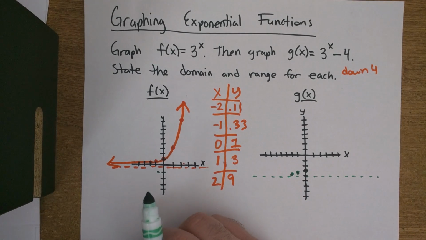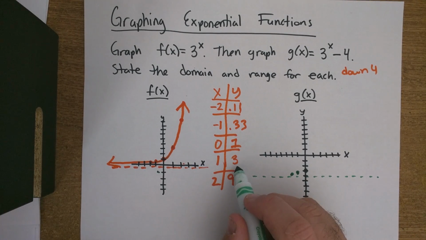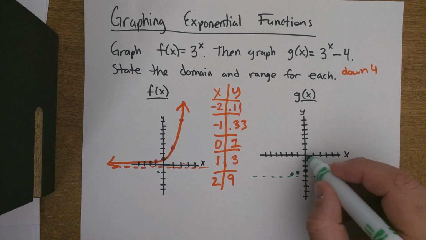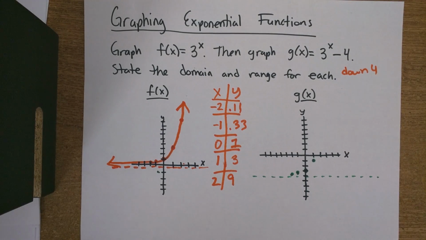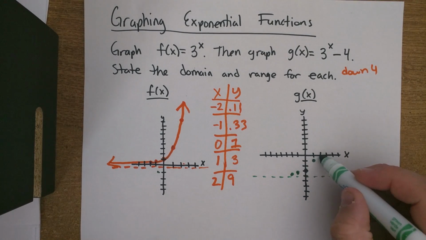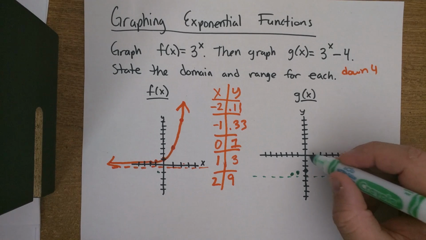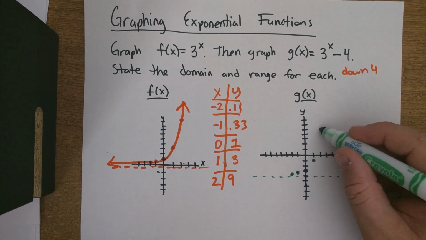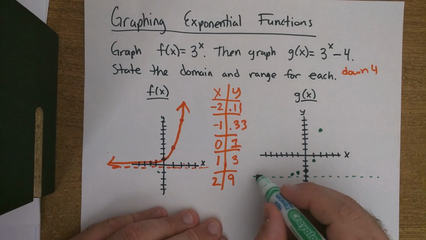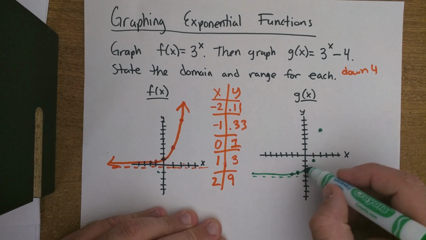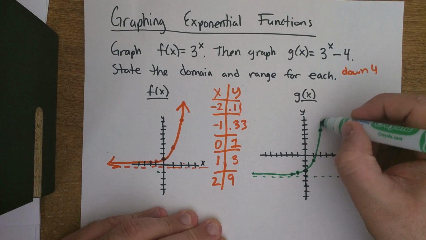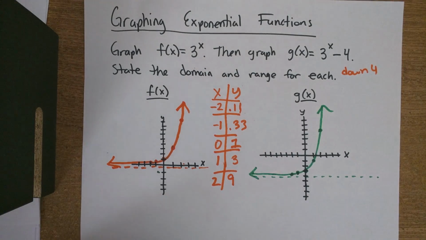Human, and these markers are huge. 1, 3. If I move it down 4, it's still 1, but now I'm at -1. And 2, 9. I'm still over 2, but 9 minus 4 is going to put me at 2, 5, like that. And it still has the same shape. It gets infinitely close to the asymptote, but never touches. And then it just shoots right up.